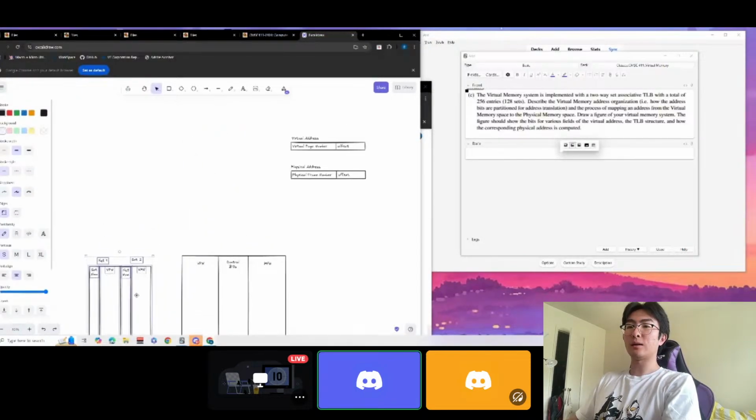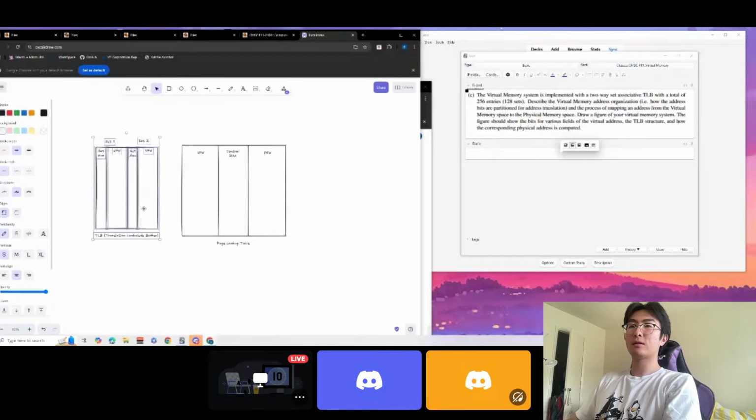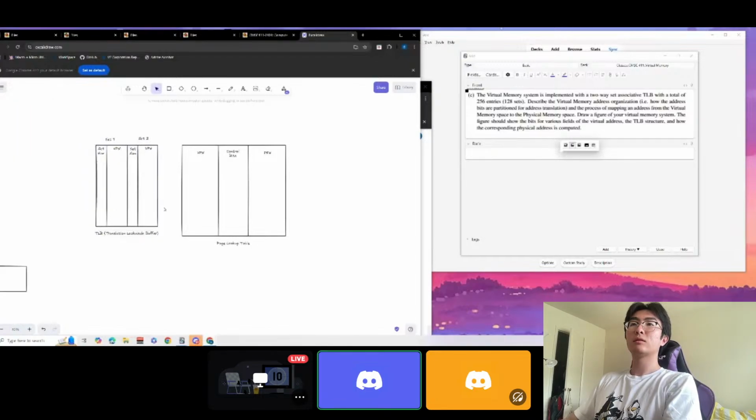So if we have this side by side, then maybe this will be better. Is there a way we can curve this? Oh, we can curve it, all right.